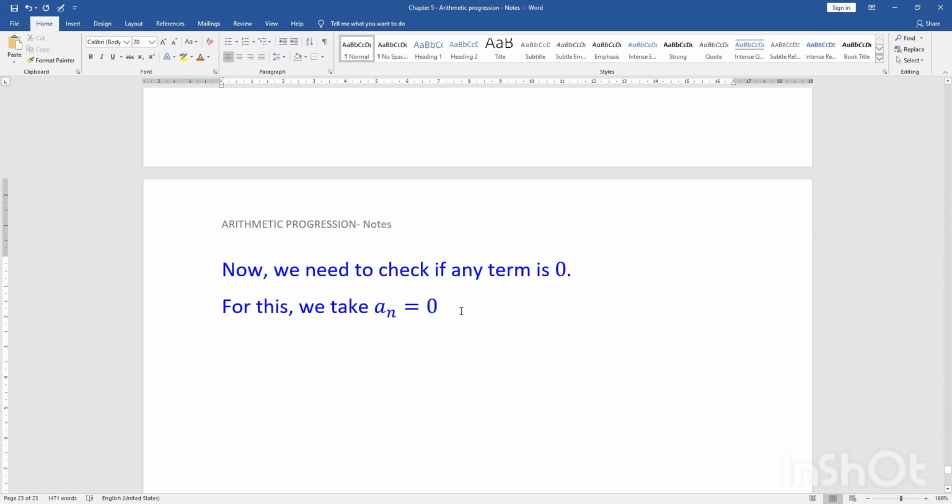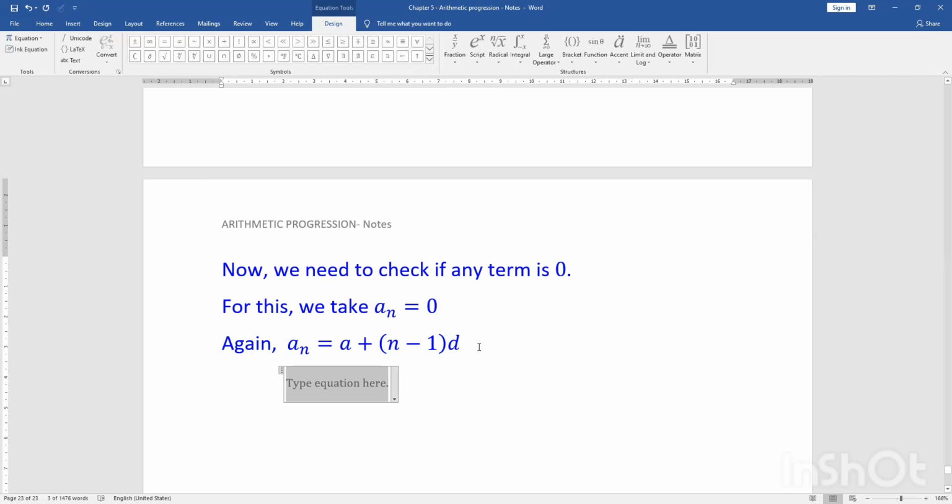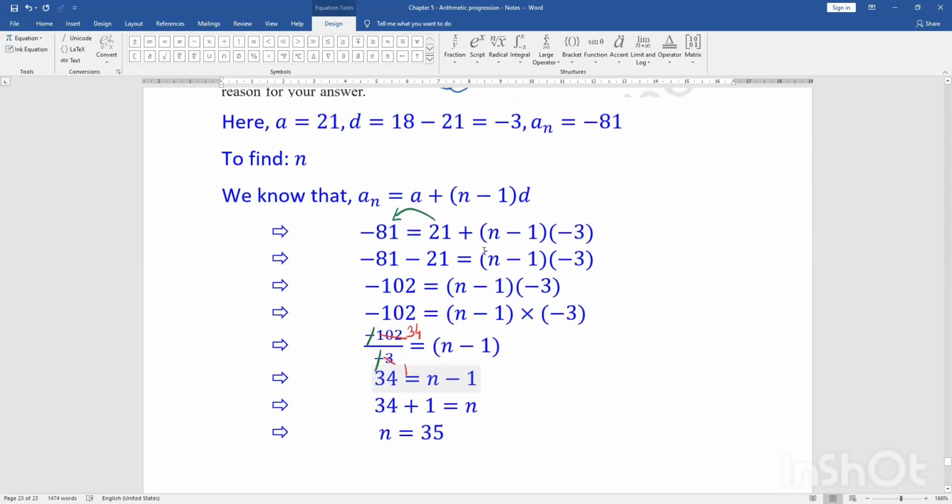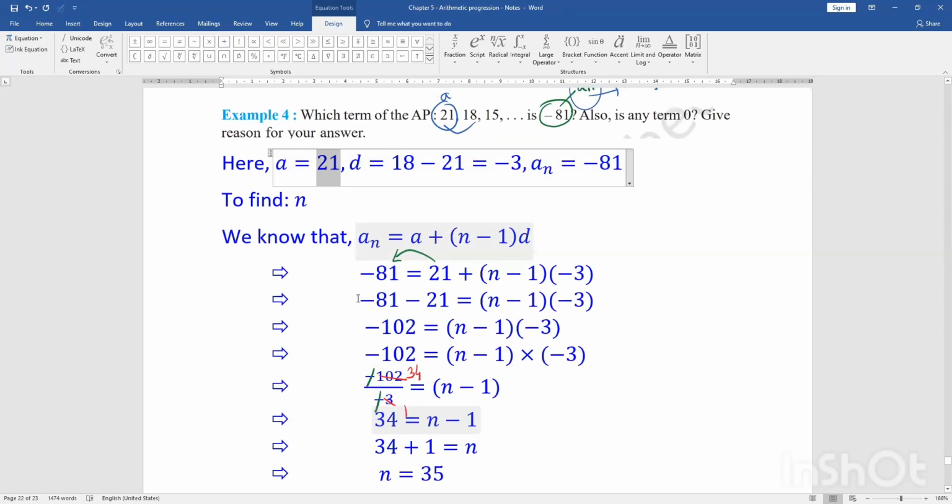Now we know that a_n is equal to, again, we are going to take this formula: a_n is equal to a plus (n minus 1) into d. And then I'm going to substitute a_n as 0, equals a value. What is the a value? That is the first term. A is the first term, right, children?